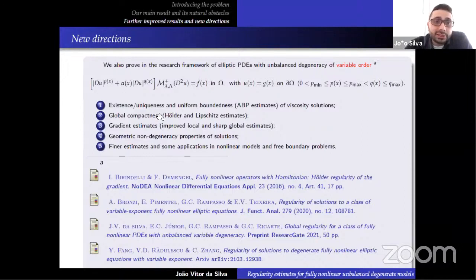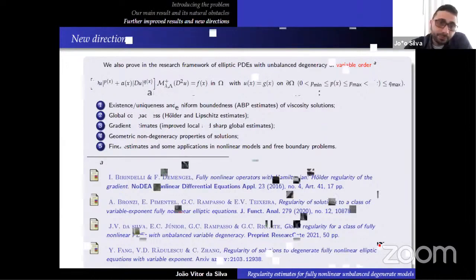You can understand these results as a natural extension of the recent results due to Birindelli and Demengel, global estimates for the constant exponents, Bronze, Pimentel, Rampasso, Teixeira for the single degeneracy law, but with variable order fashion, and Fan and Radulescu for the local estimates for the non-homogeneous degeneracy with variable order.